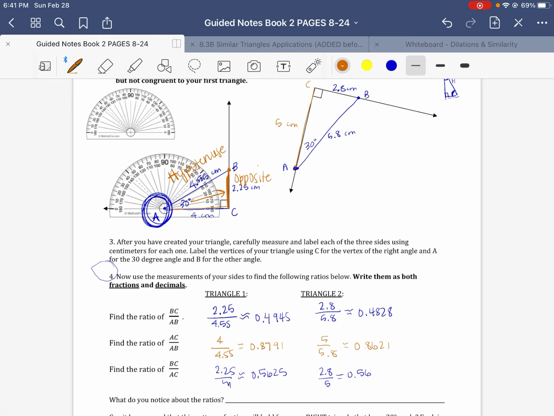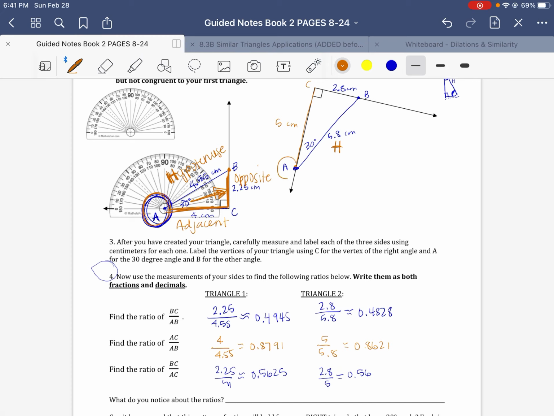And then you have the leg next to the 30-degree angle, and we call this the adjacent leg. So there's three sides. The hypotenuse is always the one across from the 90-degree angle, right? You have your hypotenuse across from that. You have your opposite leg, which if I'm using this 30-degree angle, then that one's the opposite leg, and then you have your adjacent leg.